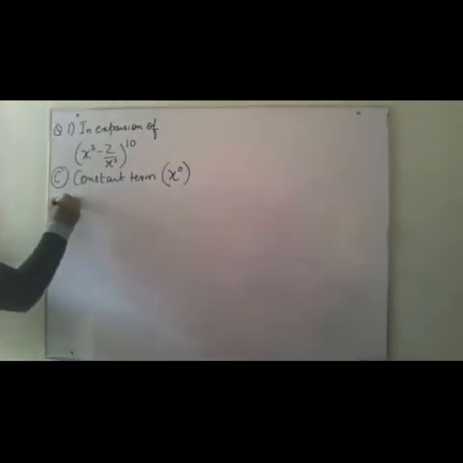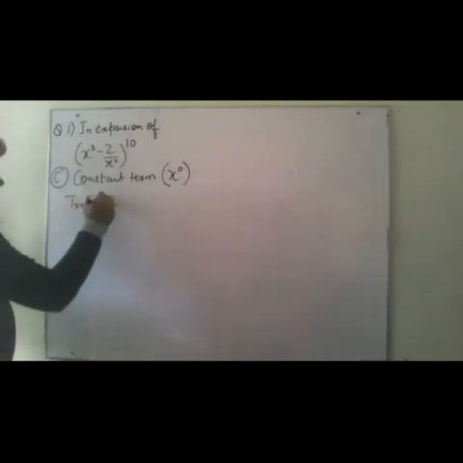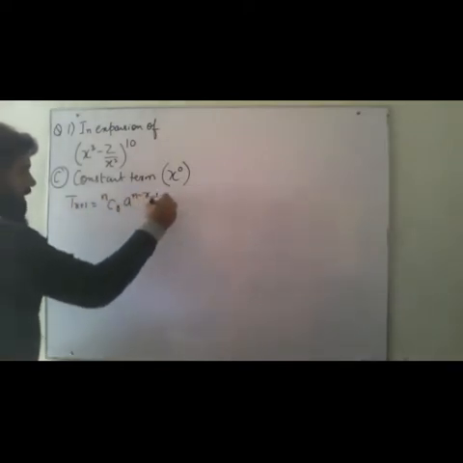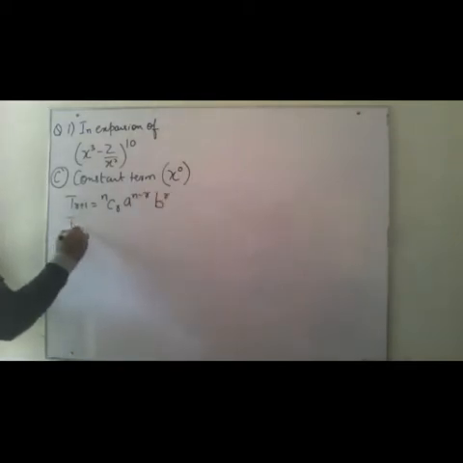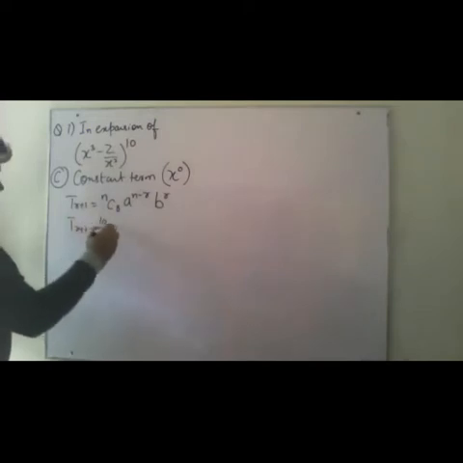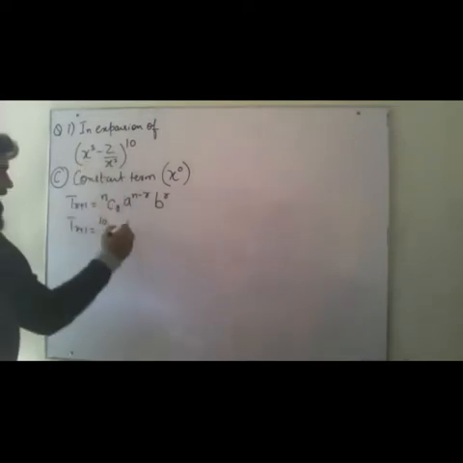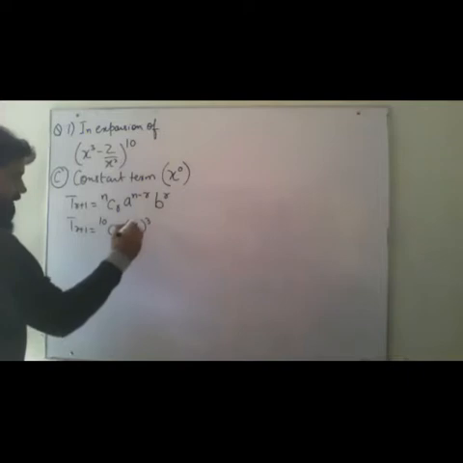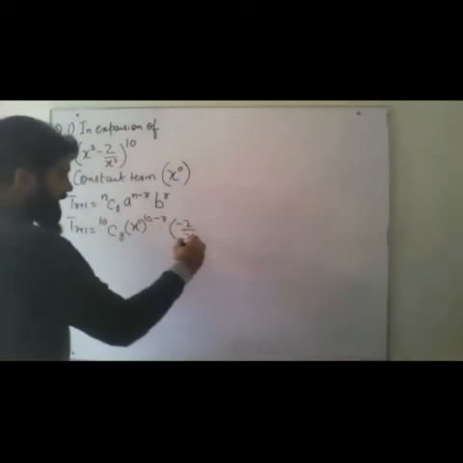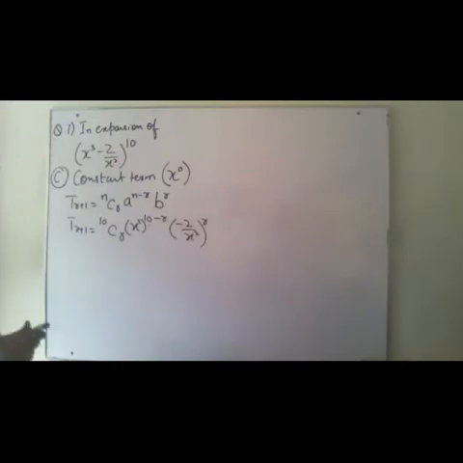Okay. Now, starting with my working, again, T(r+1) equals to nCr a^(n minus r) b^r. T(r+1), r I don't know, so n is 10, Cr, a is x cube, and then n minus r means 10 minus r, b is given minus 2 over x square, power r.